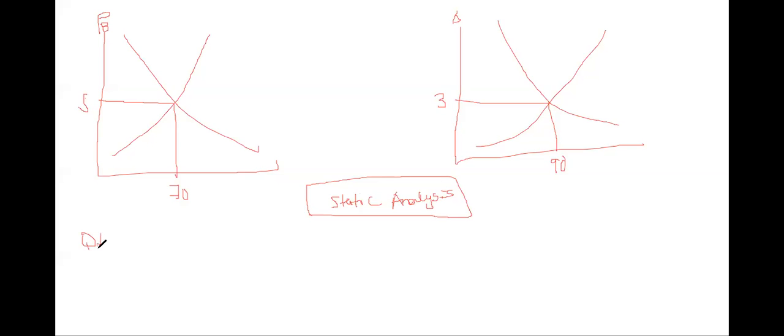Let's say that the quantity demanded for beef was given to us as 82 minus 3 times the price of beef plus the price of pork. And they said the quantity supplied in the beef market is estimated by this equation: minus 5 plus 15 times the price of beef.